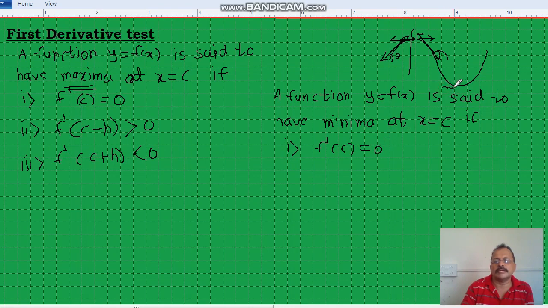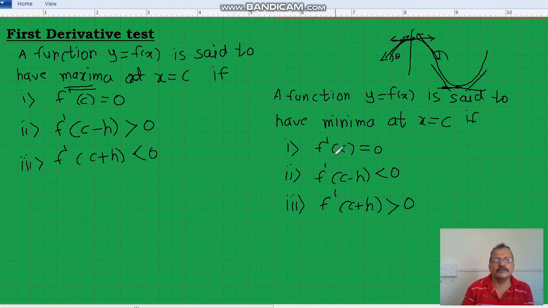That means the tangent at this point c should be horizontal. Towards left, the function is a decreasing function. That means f dash c minus h should be negative, and towards right the function should be increasing, that is we want f dash c plus h is greater than 0. This is the first derivative test. Please write down this test and then we will see the second derivative test.